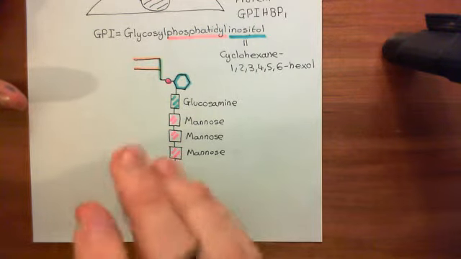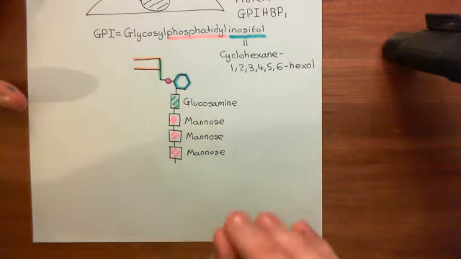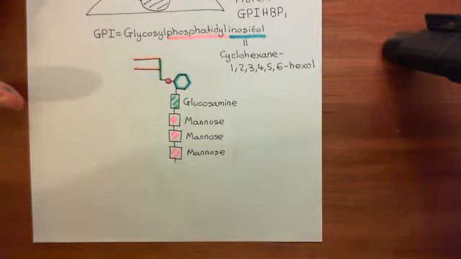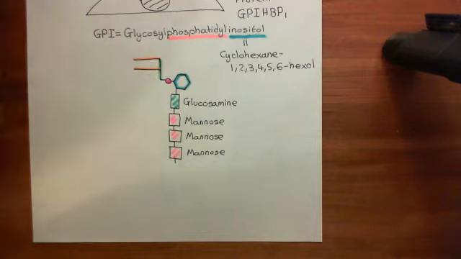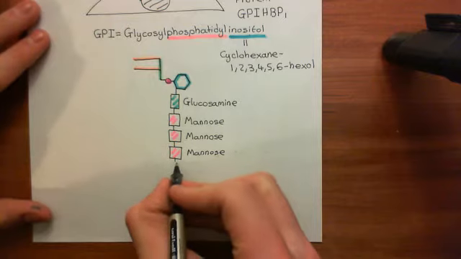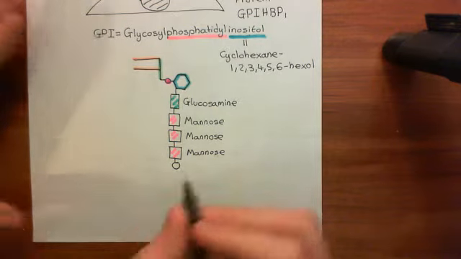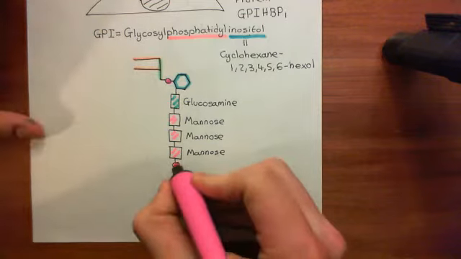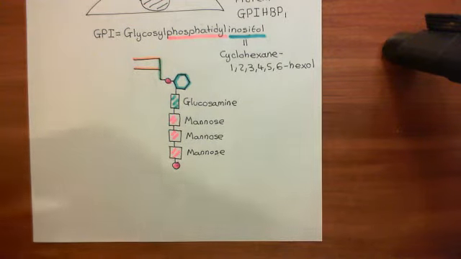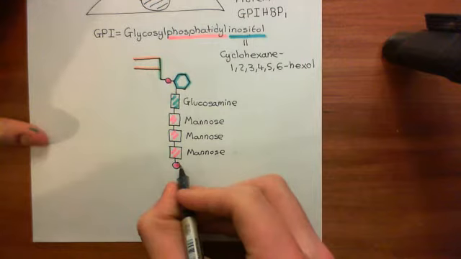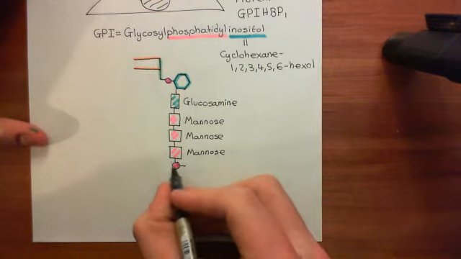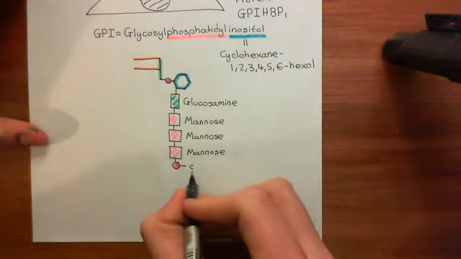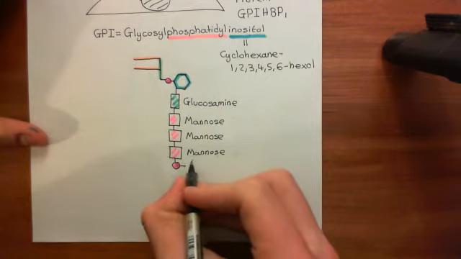Now, we haven't quite finished the glycosyl phosphatidyl inositol yet. It has one final little bit added onto it, which is a phosphoethanolamine molecule. Okay, so basically, off this mannose here, you're going to have a phosphate group coming off here. So this little ball here is supposed to represent a phosphate group. And then attached via a phosphoester link to this phosphate group, you then have a molecule known as ethanolamine.